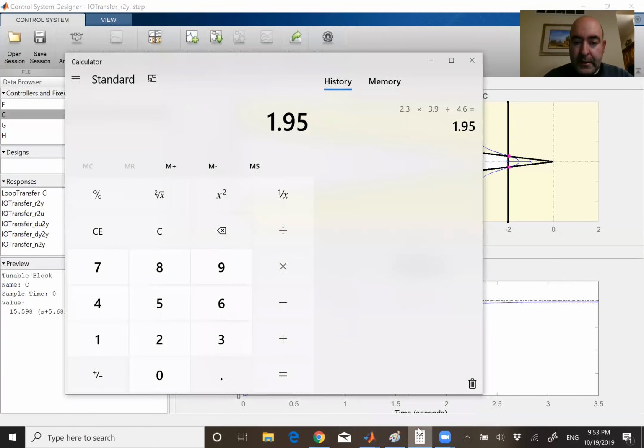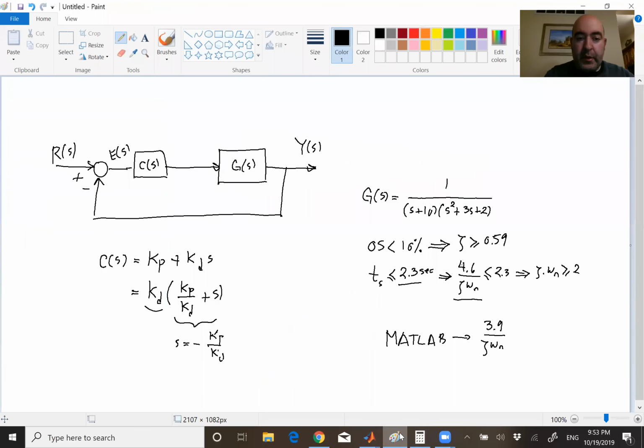Let's come back here. So what I have is 15.59 times S plus 5.6. That 15.59 is my KD, and 5.6 is going to be my KP divided by my KD.